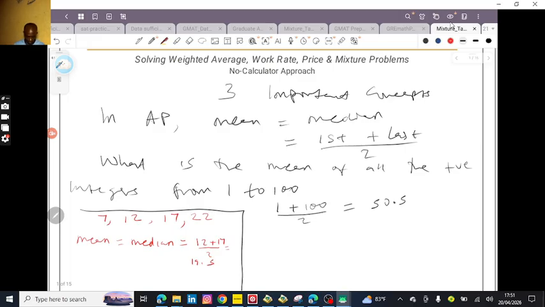But the one we remember from before, first plus last divided by 2, that is 7 plus 22 divided by 2, which is still 19.5. This becomes the first important thing.